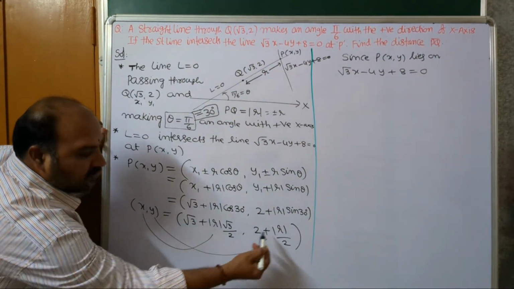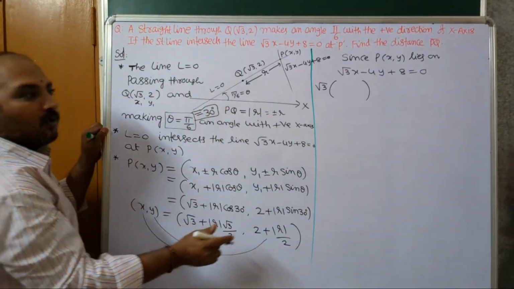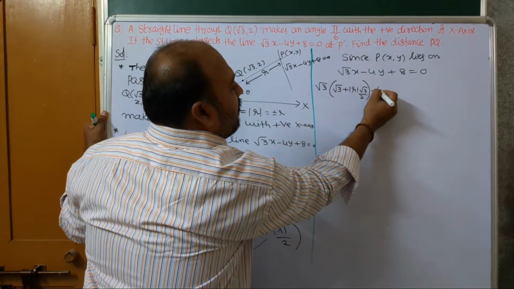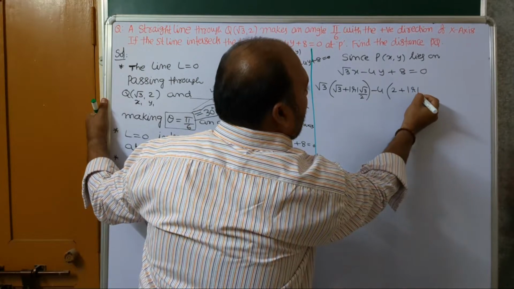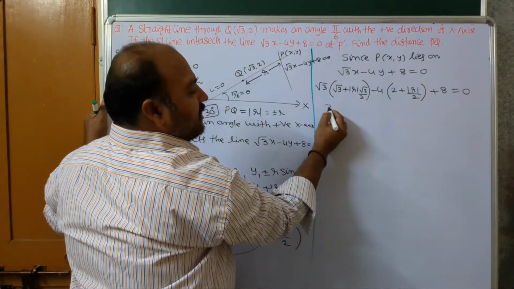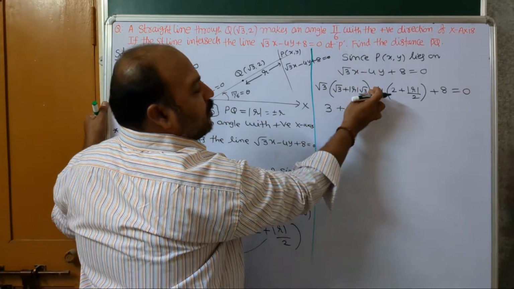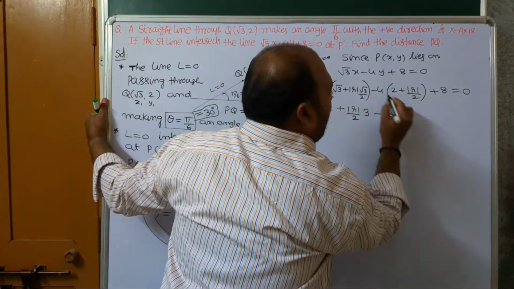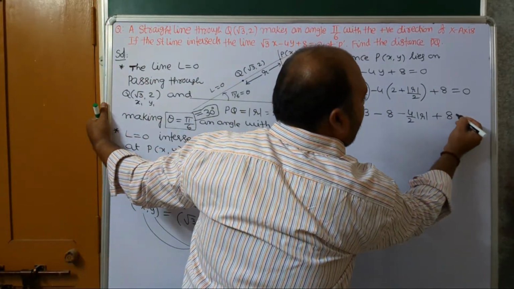So root 3 into, in place of x, root 3 plus mod r into root 3 by 2, minus 4 into, in place of y, 2 plus mod r by 2, plus 8 equal to 0. Root 3 into root 3 is 3, plus mod r by 2, minus 4 into 2, 8, minus 4 by 2 into mod r, plus 8 equal to 0.